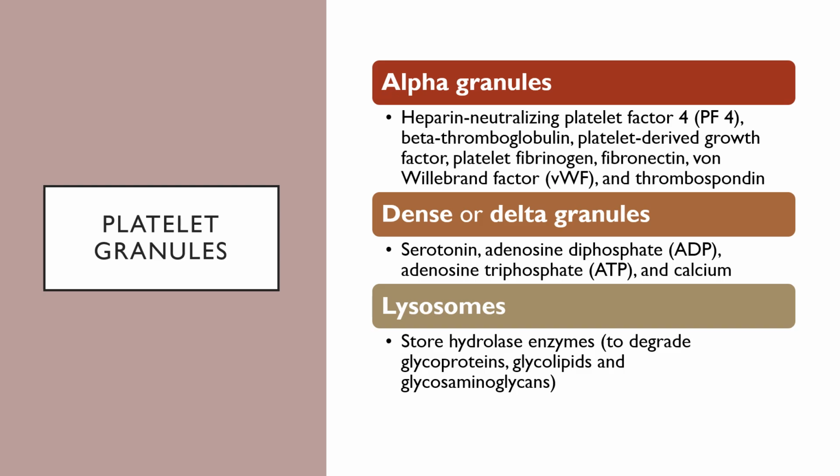Platelets also have lysosomes. Now, lysosomes occur in a lot of different granulocytes, but in this case, these lysosomes are storing hydrolase enzymes. And if you think about the coagulation cascade, it is typically an enzymatic reaction or cascade that necessitates that cleaving.